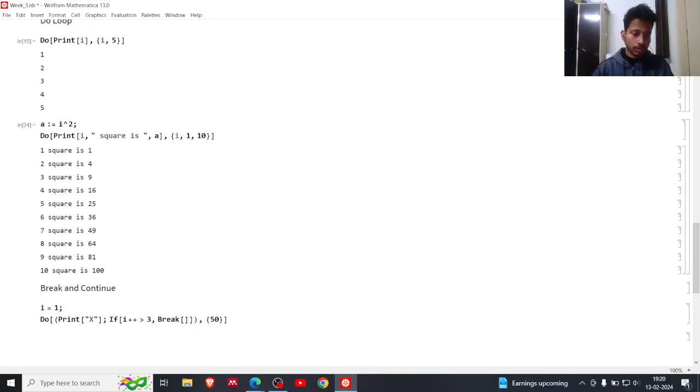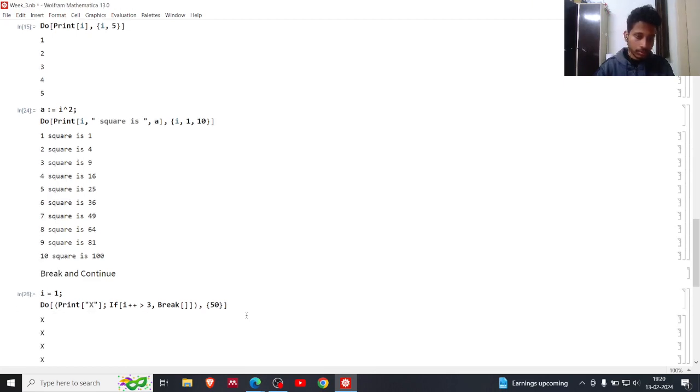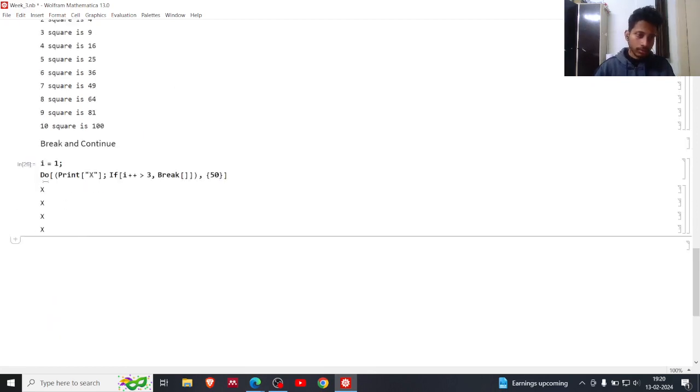So this is the print. And now if I plus plus is greater than 3, then it will break the loop. So basically it should print 4x. Yeah, it has printed x.